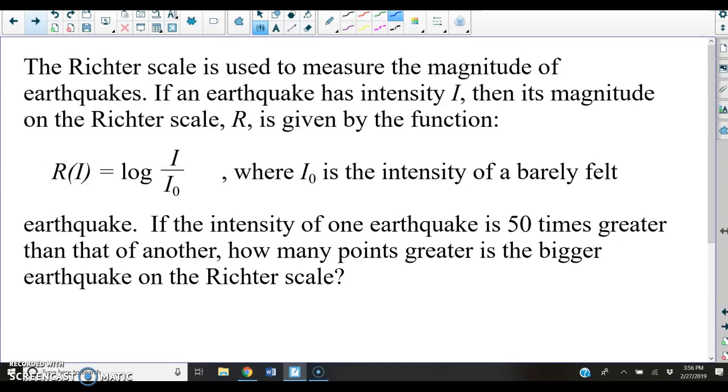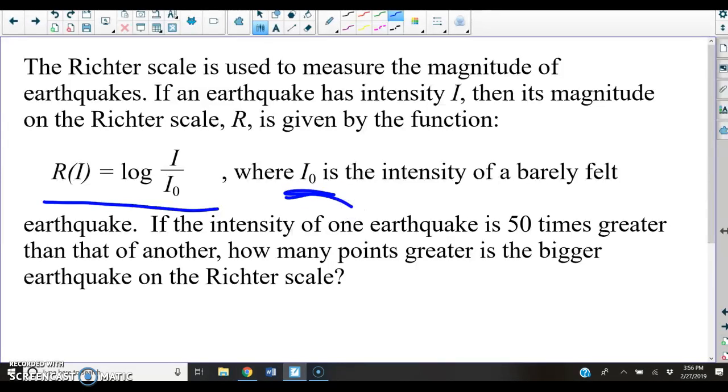Okay, so if you're going to decide what is going on with earthquakes, the magnitude on the Richter scale, R, is given by the function, where I is the intensity of this newly felt earthquake, and I sub 0 is the intensity of a barely felt earthquake, okay? Somebody fell off of a stepladder down in Bismarck. We don't feel it here, okay?